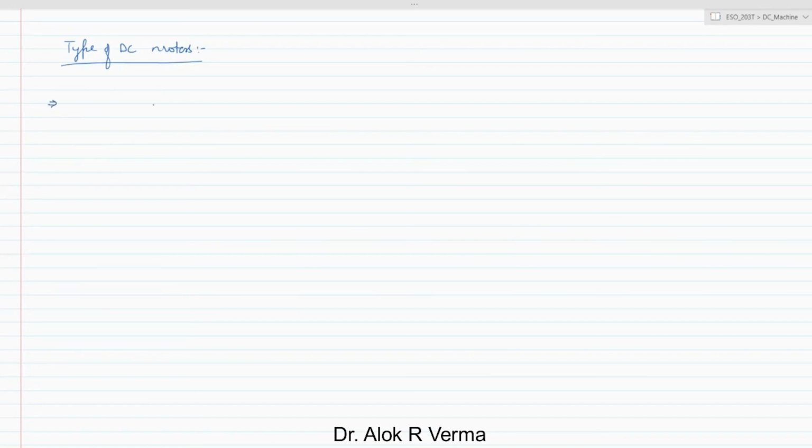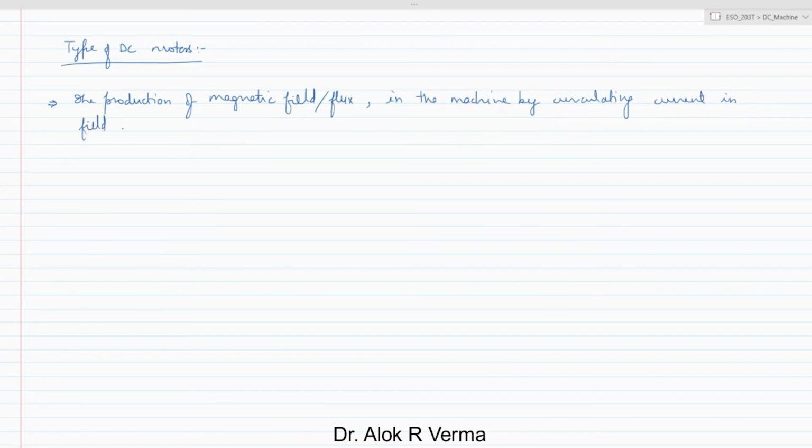So first we write: the production of magnetic field or flux in the machine by circulating current in the field winding is known as excitation.